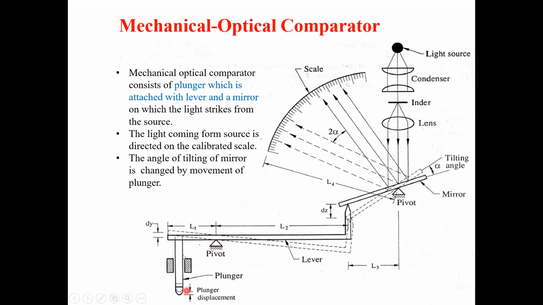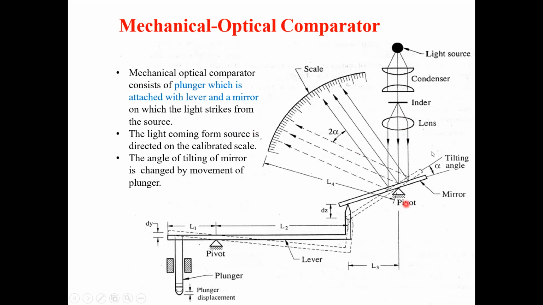This lever and plunger combination gives the mechanical magnification, and the mirror and light source give the optical magnification. The mechanical optical comparator consists of a plunger attached to the lever and a mirror on which the light strikes.